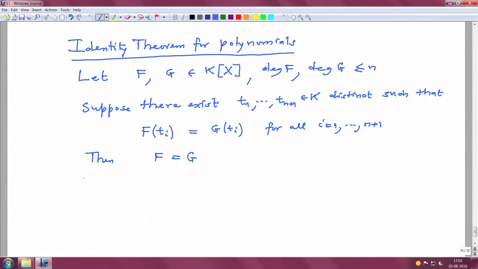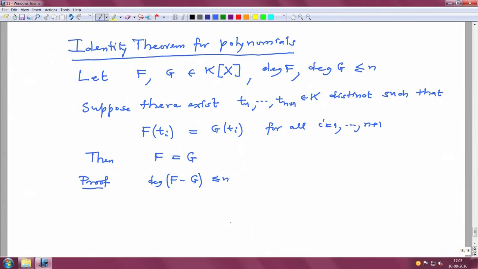Proof. Just look at the difference polynomial f minus g. The degree of this difference cannot exceed n, because both are of degree less than or equal to n.